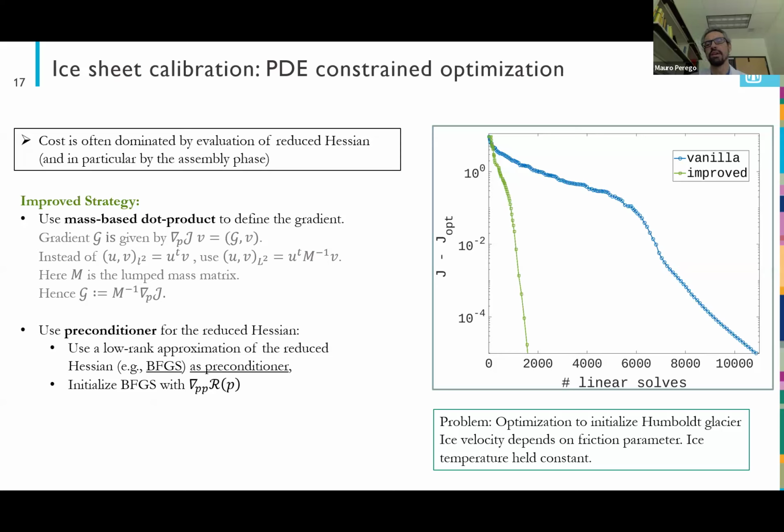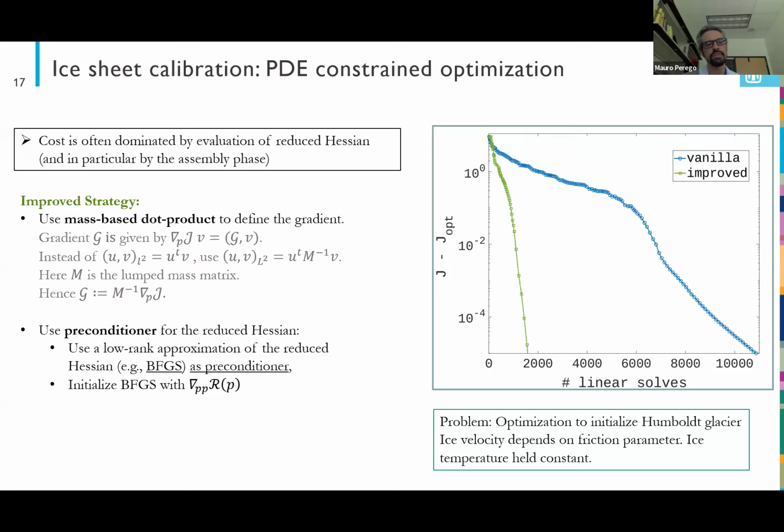Very briefly, there are ways to improve this approach. In particular, the reduced gradient is determined by the dot product that you use to define the gradient.